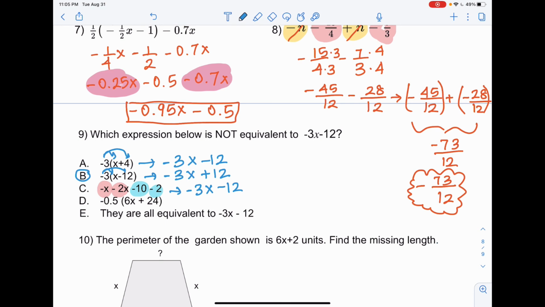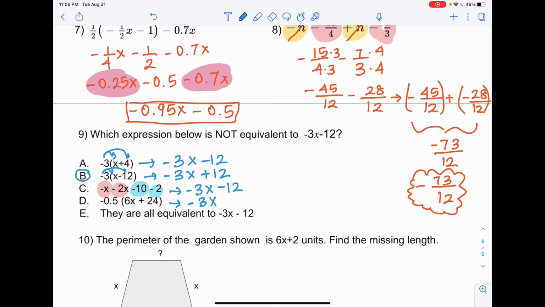And the last one, multiplying by 0.5 is the same thing as multiplying with 1 over 2, which is the same thing as dividing by 2. So negative 0.5 times 6x means really take the half of it. But since the sign is negative, it is going to be half of 6x, which is negative 3x. And then negative 0.5 times 24, same idea.